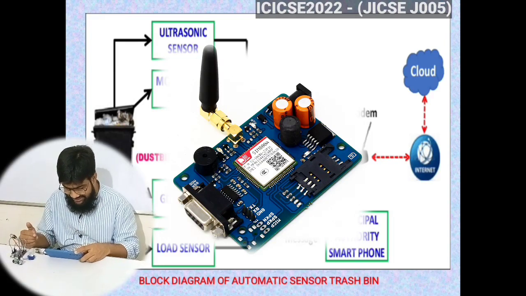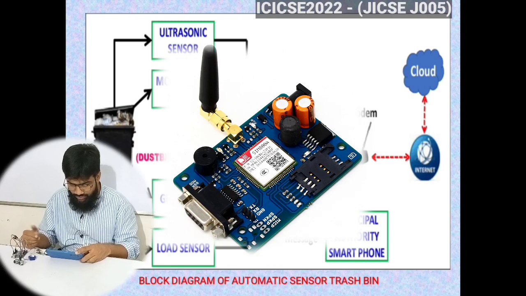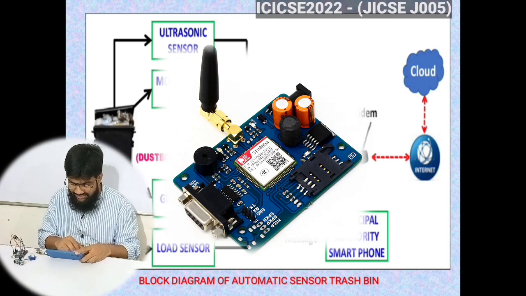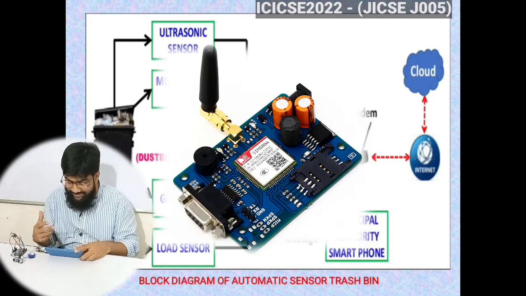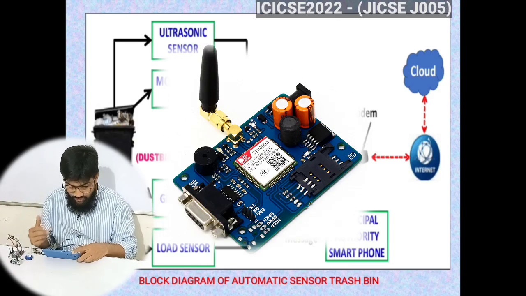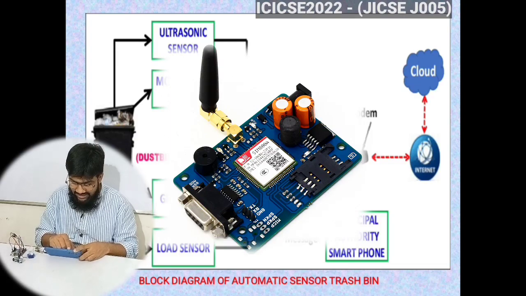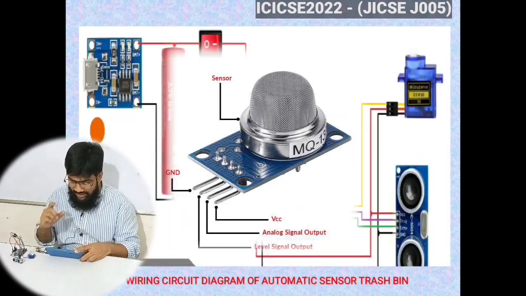As you can see in the next block diagram I have presented over here, there is a dustbin, right? That dustbin has two sensors. We are placing two sensors over here: an ultrasonic sensor and a gas sensor.